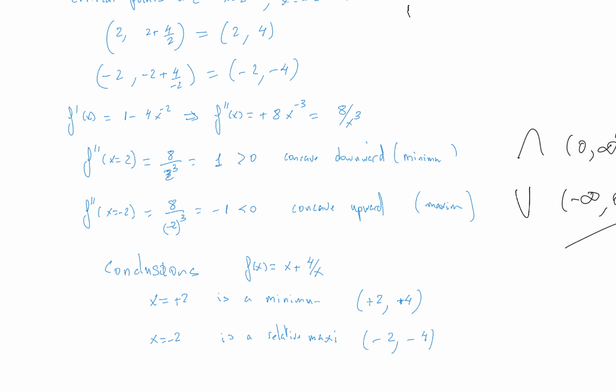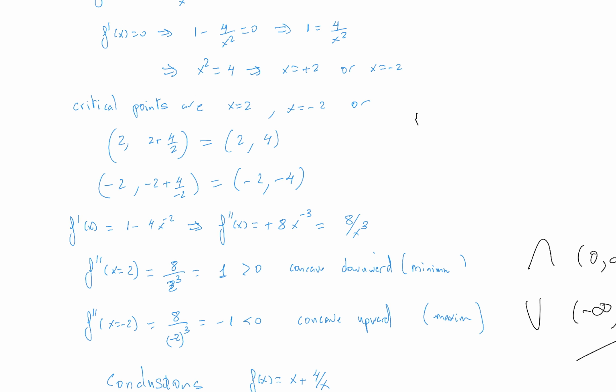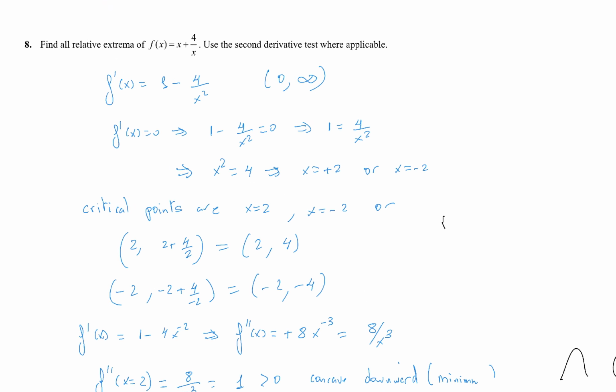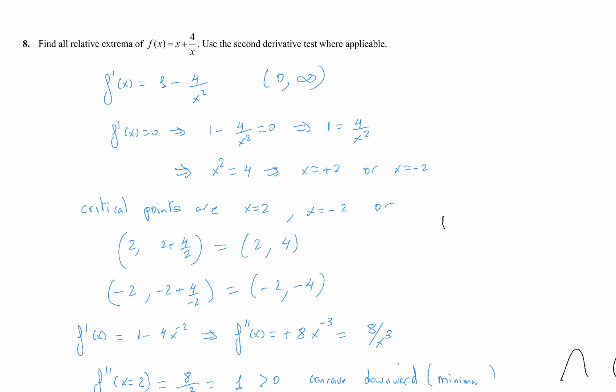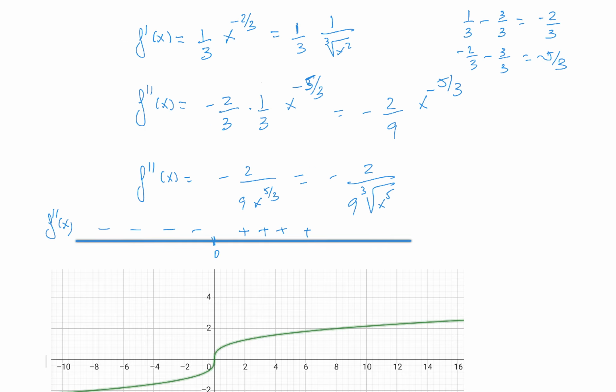That's all. At 0, the second derivative doesn't exist, the first derivative doesn't exist, and the value of the function doesn't exist either. So we don't ask ourselves what happened at x equals 0 because the function is not defined at x equals 0. Okay, this is problem 9.